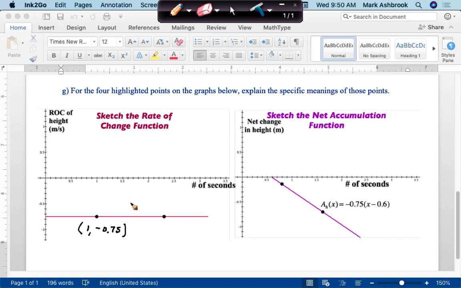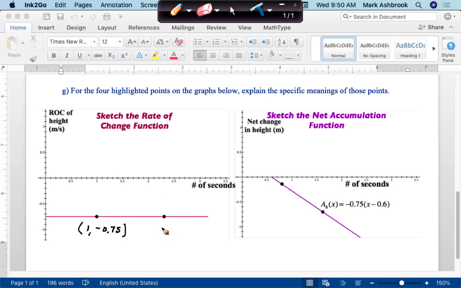What's the representation of? Any volunteers? Yes, sir? The rate of change 1 second after the flag is dropped is negative 0.75. Well said. He said the rate of change 1 second after. So this point is that at 1 second, the rate of change is negative 0.75. That's what that point means.